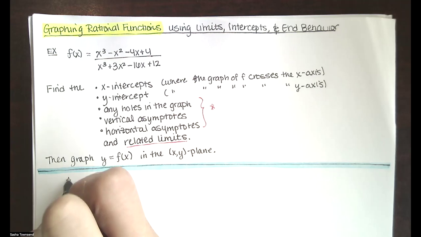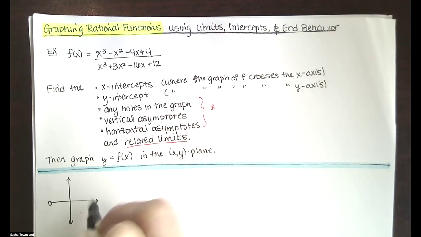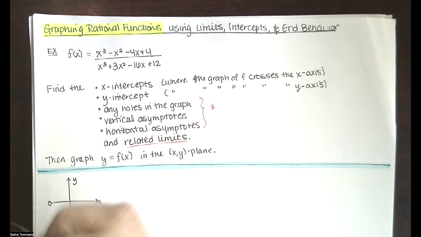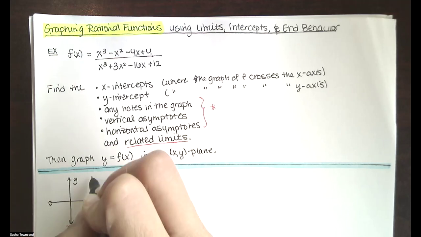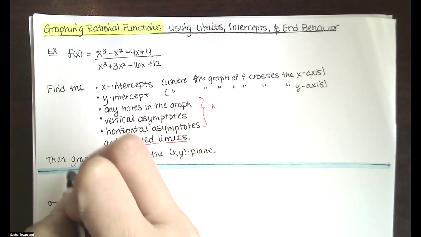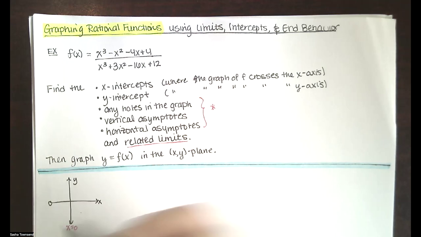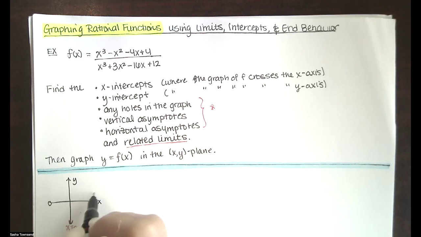So if we're on the y-axis, we know here is where x is equal to 0. The line x equals 1 is a vertical line, x equals 2 is a vertical line, x equals 3 is a vertical line. The line x equals 0 is a vertical line, and it happens to be the y-axis. Y equals 1 is a horizontal line, y equals 2 is a horizontal line.